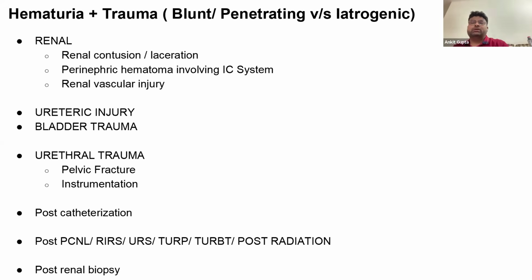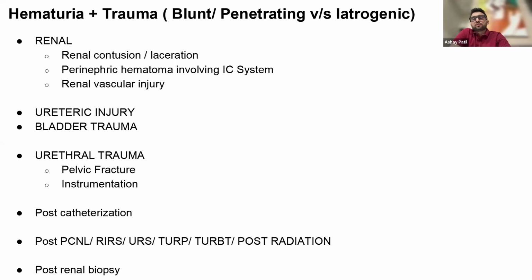Then I will ask the person who put the catheter whether at the time of insertion there was any trauma, or whether he felt some resistance while putting the catheter, to rule out urethral injury. Maybe there is a long-standing retention and there is a sudden release of the pressure, so there may be hematuria. Yes, that is decompression hematuria.